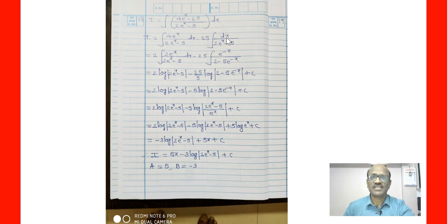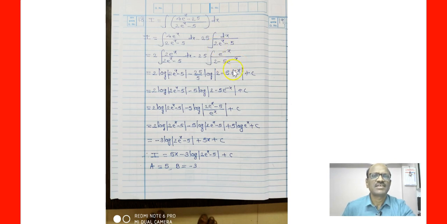There is one more trick: divide numerator and denominator by e^x, then you will get dx upon e^x, it becomes e^(−x) dx upon, what is next, 2e^x divided, then you will get 2 minus 5 into e^(−x).